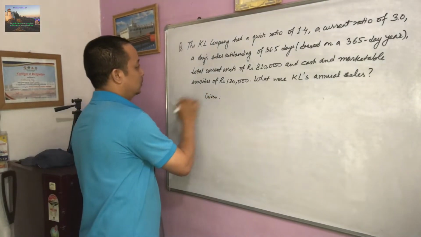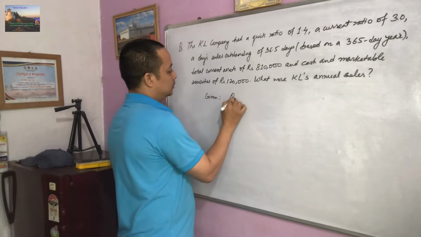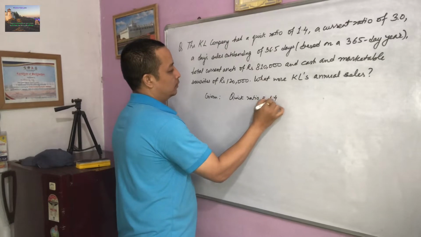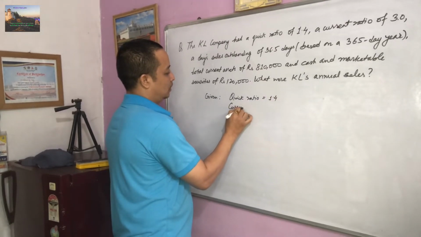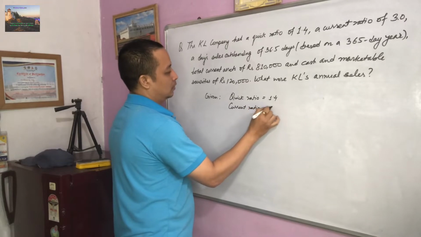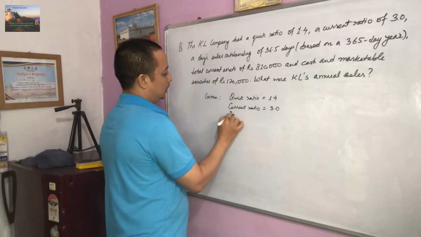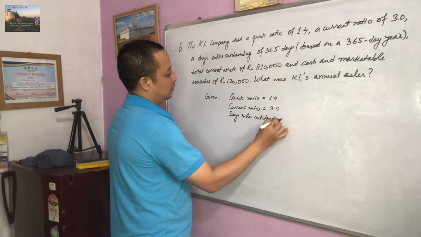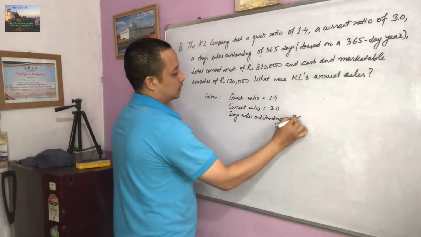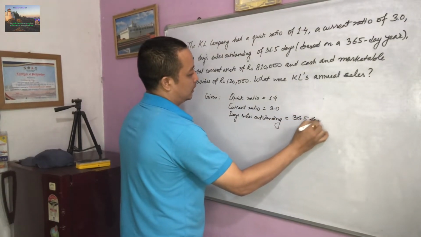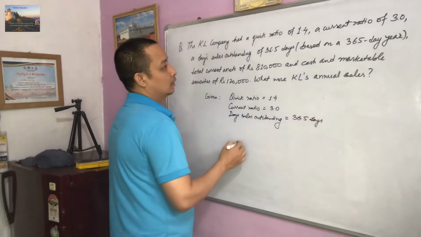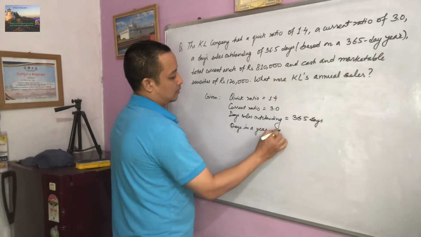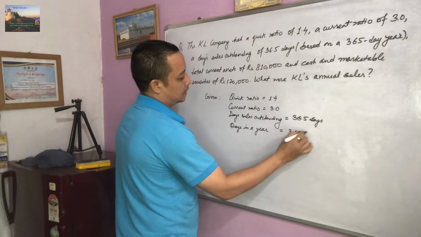Given, let's write the given: quick ratio 1.4, current ratio 3.0, days sales outstanding 36.5 days, days in a year is given 365 days.